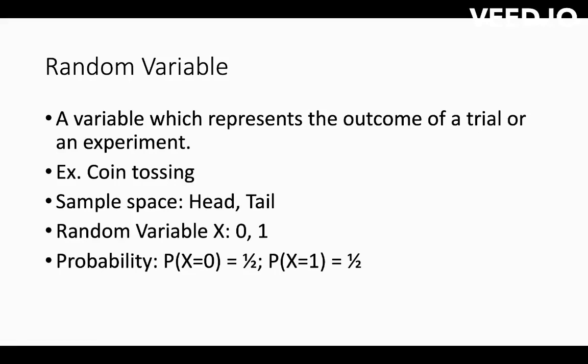In this case, it will be 0.5, which will be 1 over 2. And the probability of x is equal to 1 means the same as the probability of landing on tail when tossing a coin. And the probability will be 0.5, which is 1 over 2.